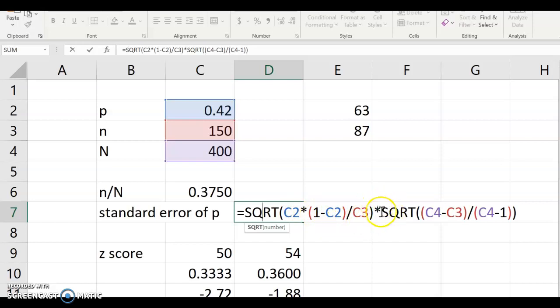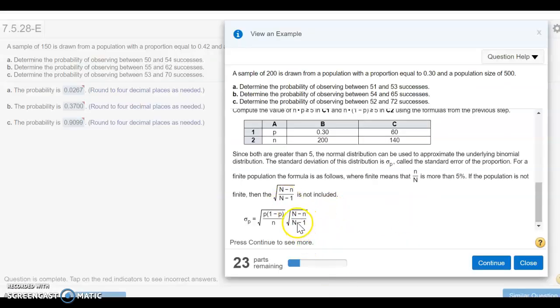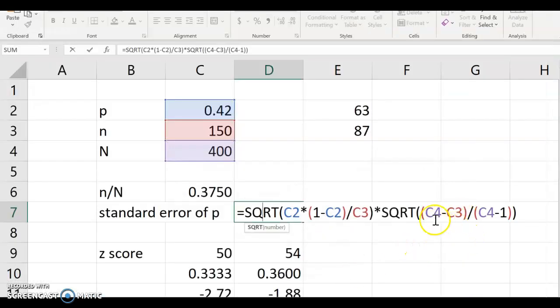Then you have this extra part since it's finite. So it's times the square root of N minus n divided by N minus 1. If you want it to subtract before you divide, you have to put extra parentheses around N minus n. So 400 minus 150 in parentheses, divided by 400 minus 1 in parentheses, and then you have parentheses on the outside because you're going to take the square root of all of that.